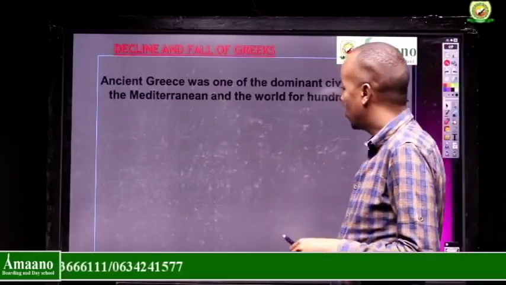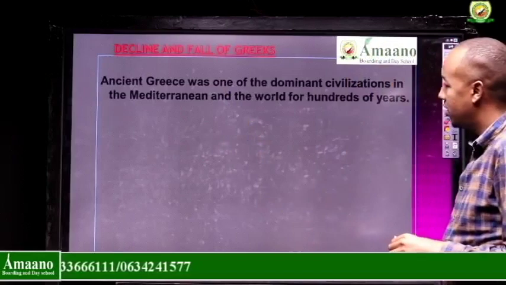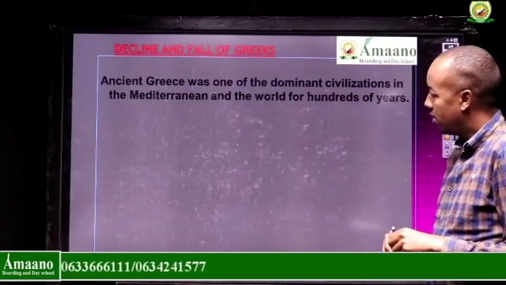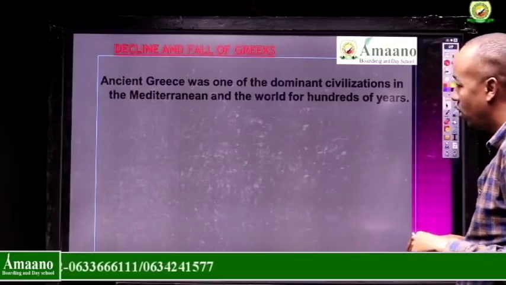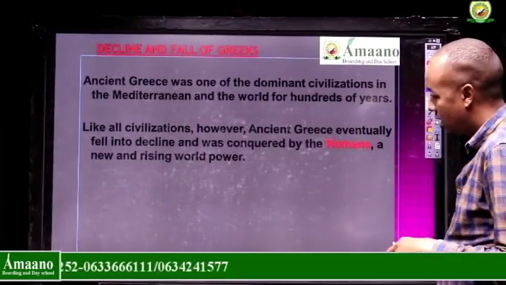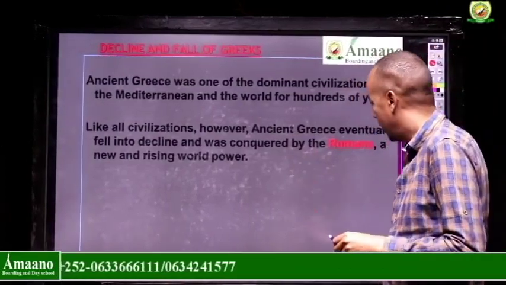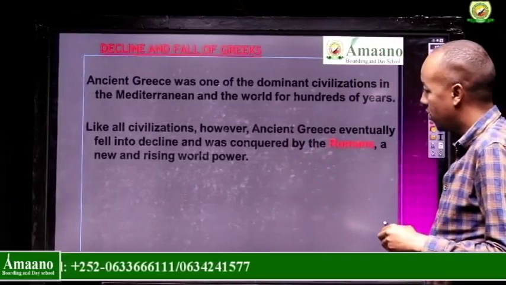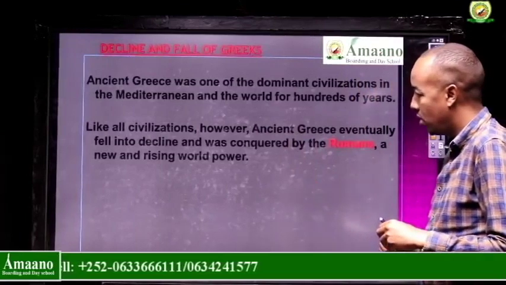So ancient Greece was one of the dominant civilizations in the Mediterranean and the world for hundreds of years. Like all civilizations, however, ancient Greece eventually fell into a decline and was conquered by the Romans, a new and rising world power.